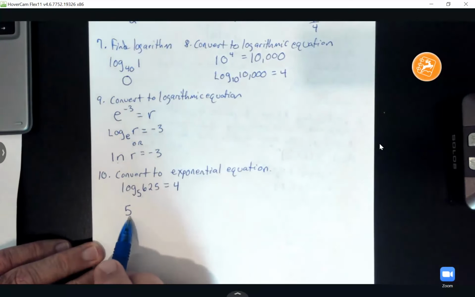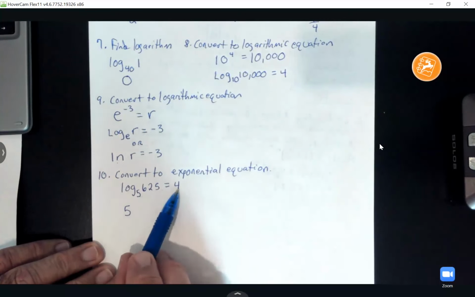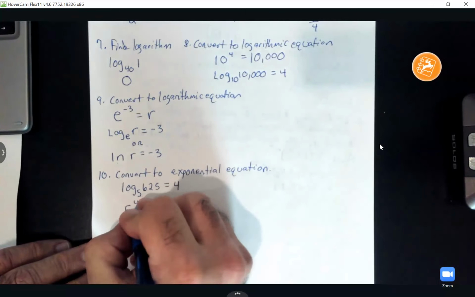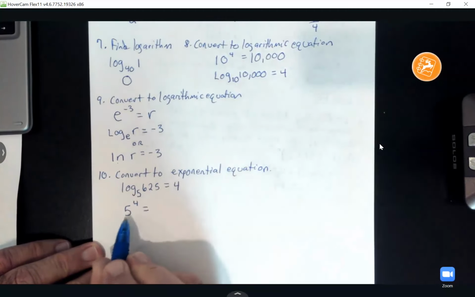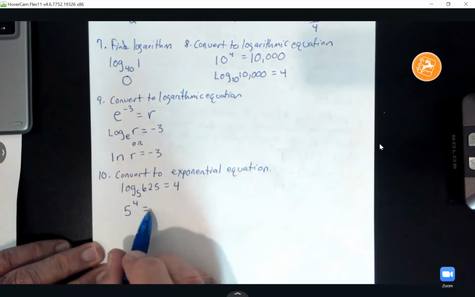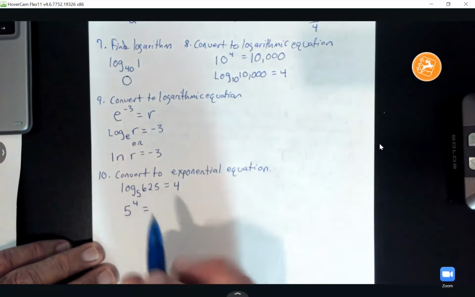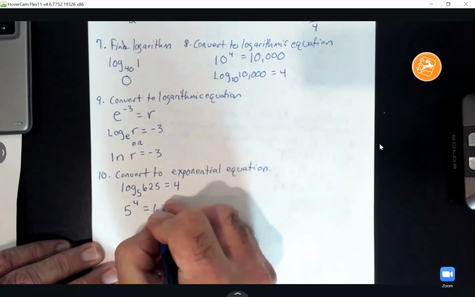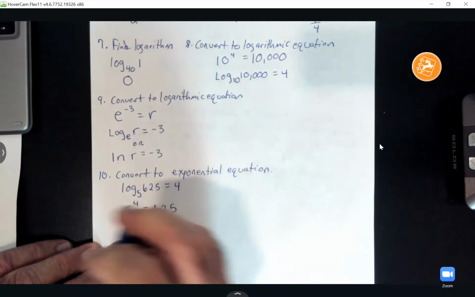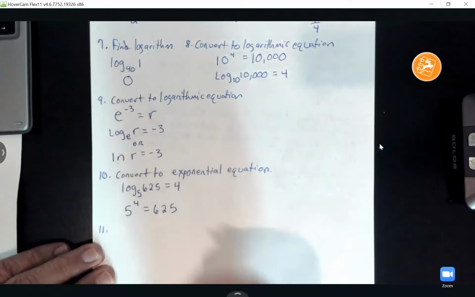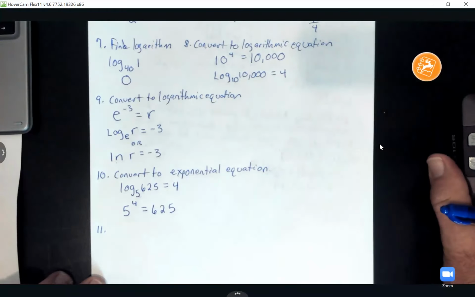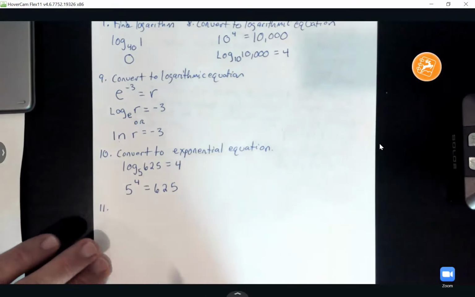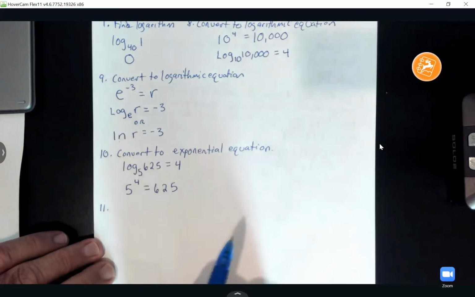My exponent is the 4. And 5 to the 4th equals the result of 625. So a lot of these problems you'll notice are just rewriting stuff, okay?